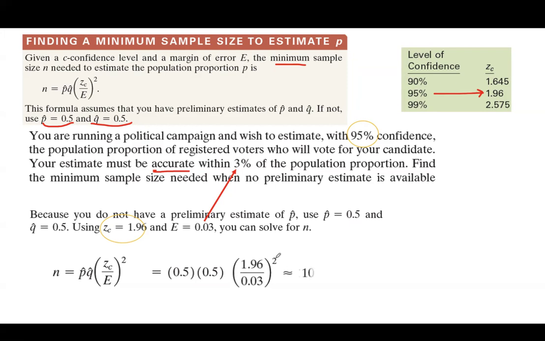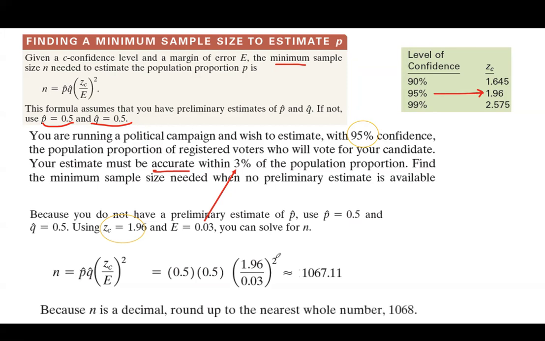You get an approximation of 1067.11. Since n is a decimal, round it up to the nearest whole number. So you need to ask at least 1068 people so you can construct a confidence interval with 95% confidence.